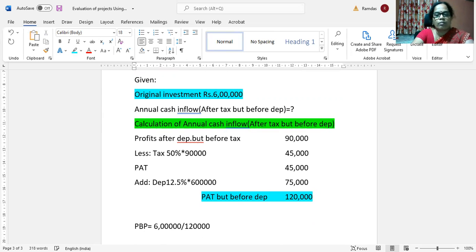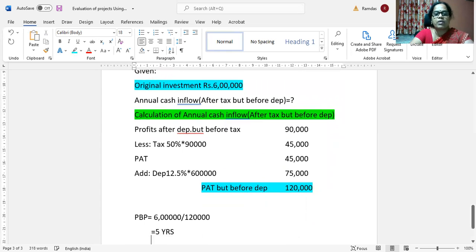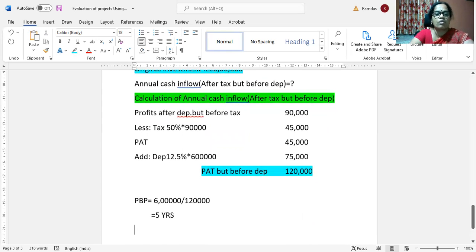So 6 lakh divided by 1,20,000 gives me 5. So I express it in years. My payback period is always expressed in years. That means that the investment of 6 lakh pays back itself in 5 years.